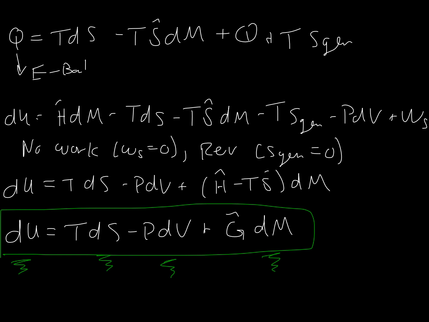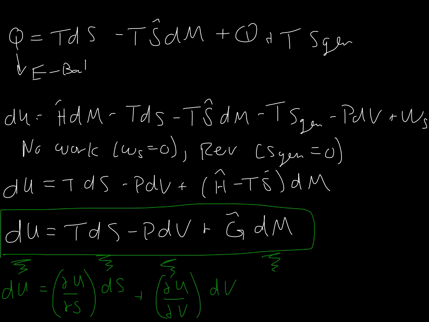Now, as a preview of what we're going to be talking about on Wednesday, through general calculus, we can write dU is equal to (dU/dS) times dS plus (dU/dV) dV, right?